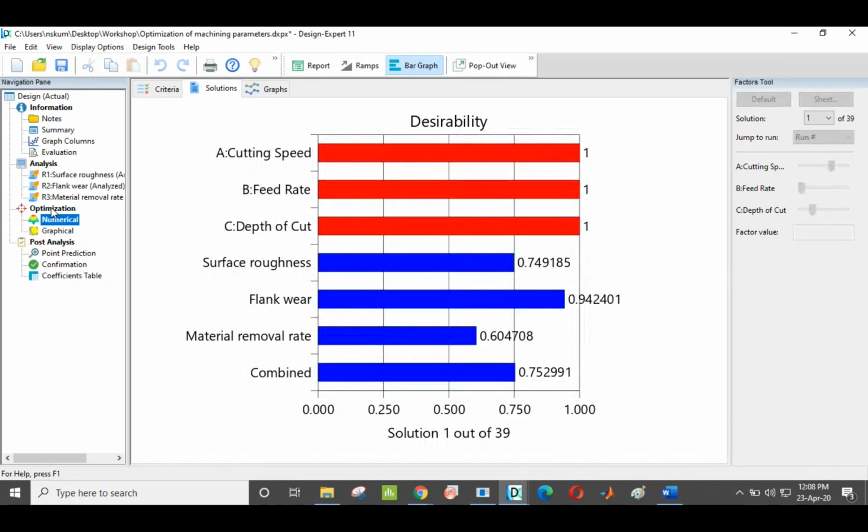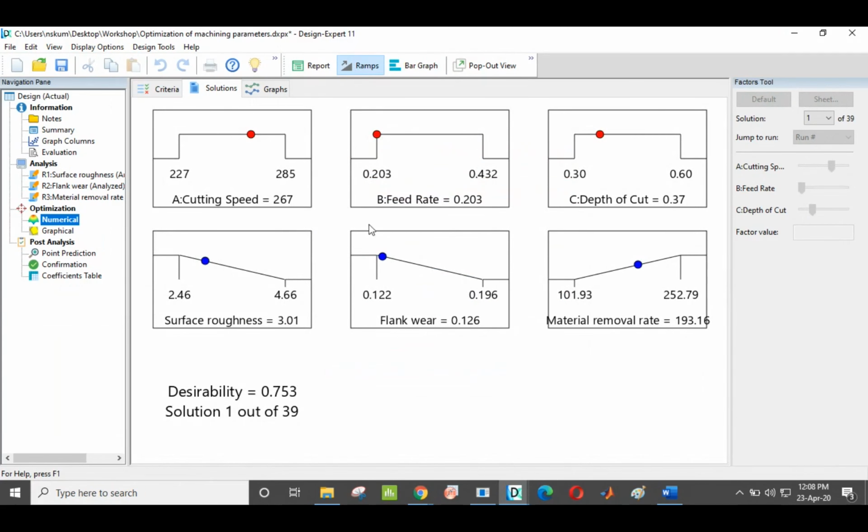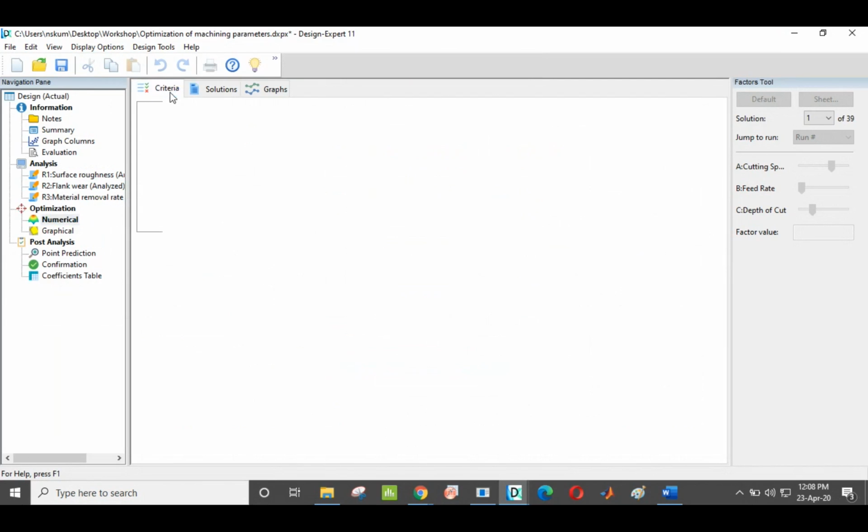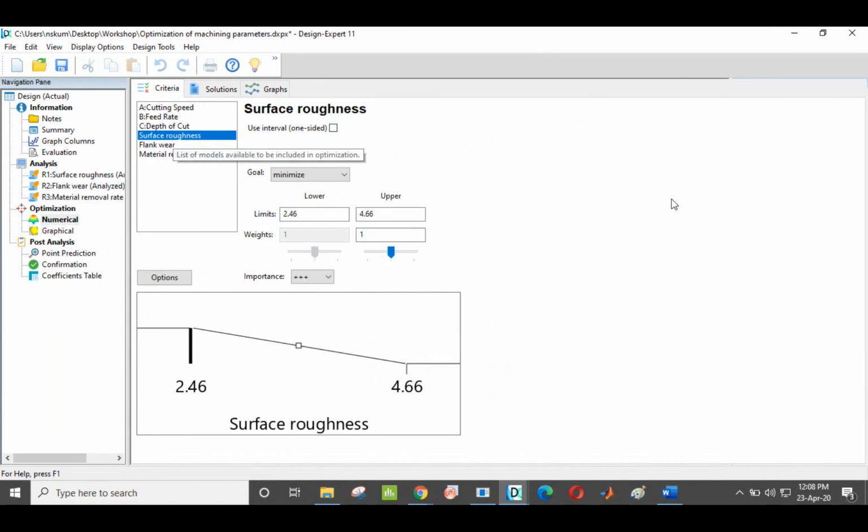Now in the optimization, in this case we have considered only minimization and maximization, and it is unconstrained because we have not provided any target values. Now I am going to take the surface roughness, previously minimized, as a constraint, that is, a target value.